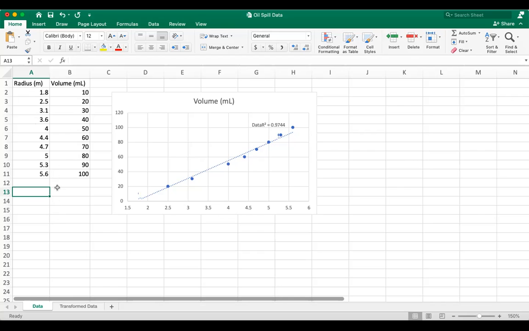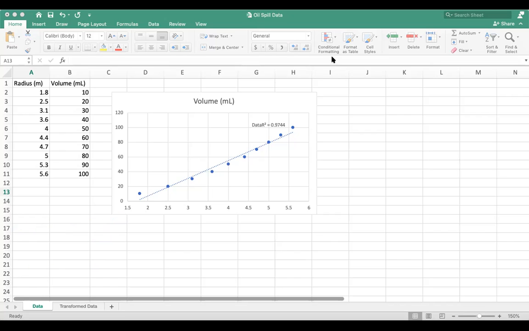So to transform this data to make it even more linear, what I did was square the radius. The height remains pretty constant in this oil spill. The oil is not really going to sink down to the bottom of the ocean. It's just going to be pooling right on top, and then the ocean way down here. Terrible drawing. I'm just going to go ahead and erase that.